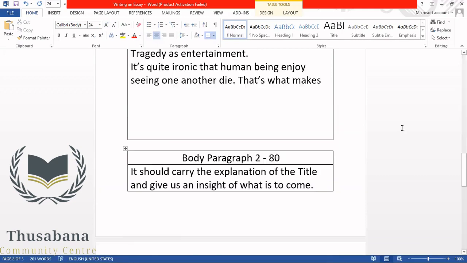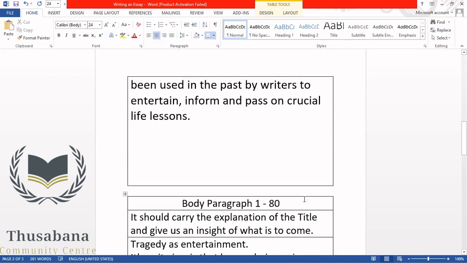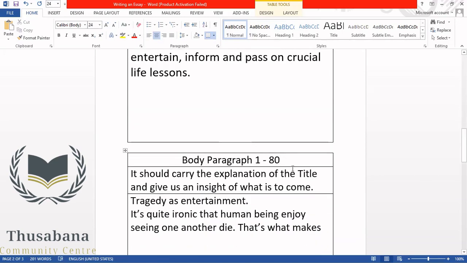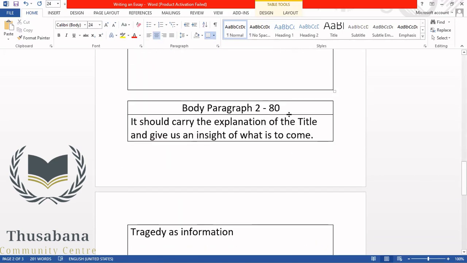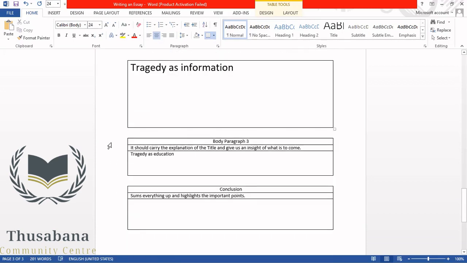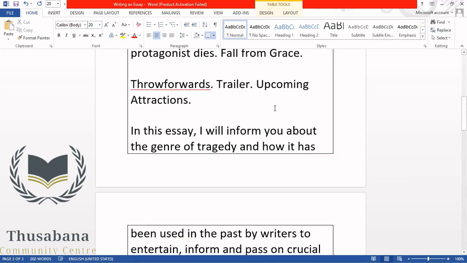Let's see how it goes with that. I remember I was doing this with the other kids. So this is introduction 80, paragraph 180, 160, 240, and multiply 80. That's 360 already. So then, let's make an introduction shorter then.